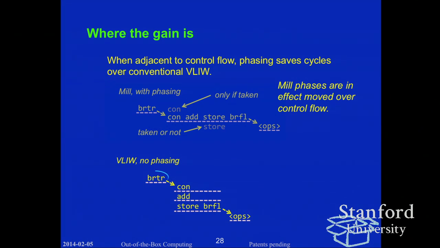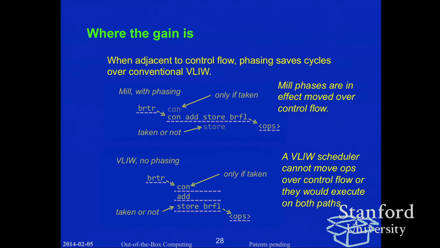On a VLIW without phasing, you can't do that. The only way you can get the con to be executed only if taken on a VLIW is if it's in an instruction after the branch. The only way you can get that store done on a taken or not basis is if the branch which does the exit is after the store.